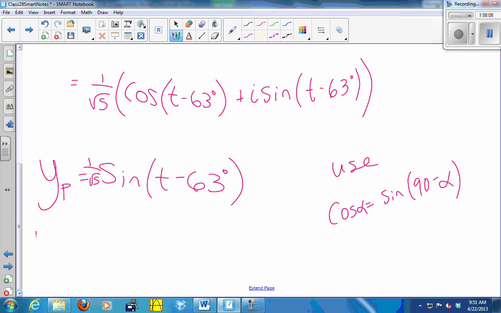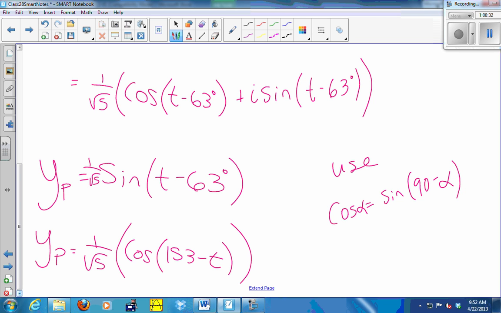So almost done, times the cosine of t minus 63. So I have to do 90 minus all of that, or do I do that minus 90, minus 153? So I get 153 minus t. Done.